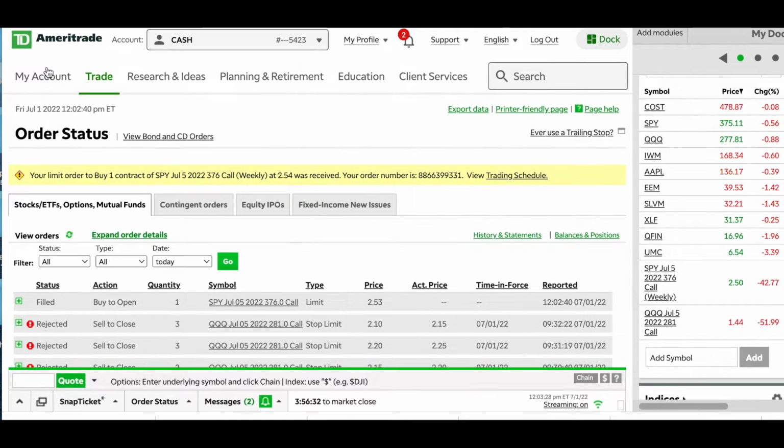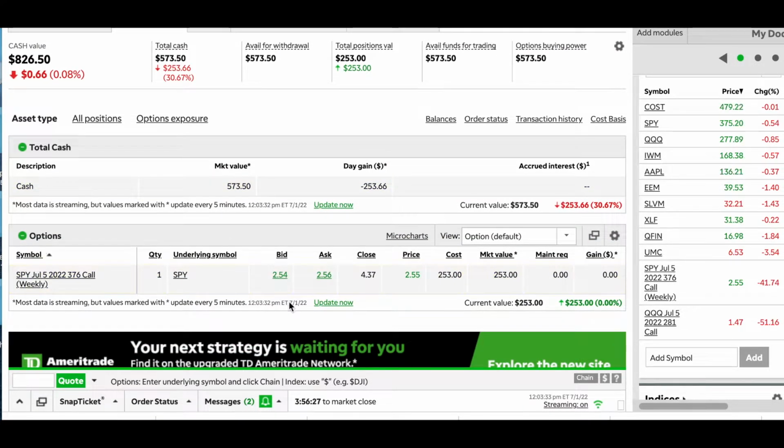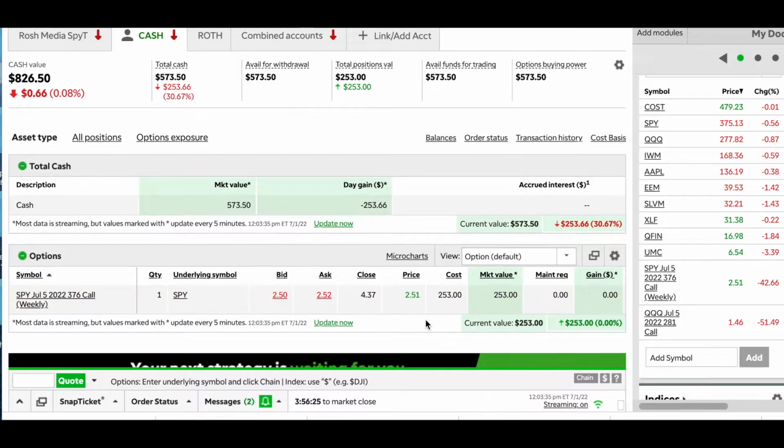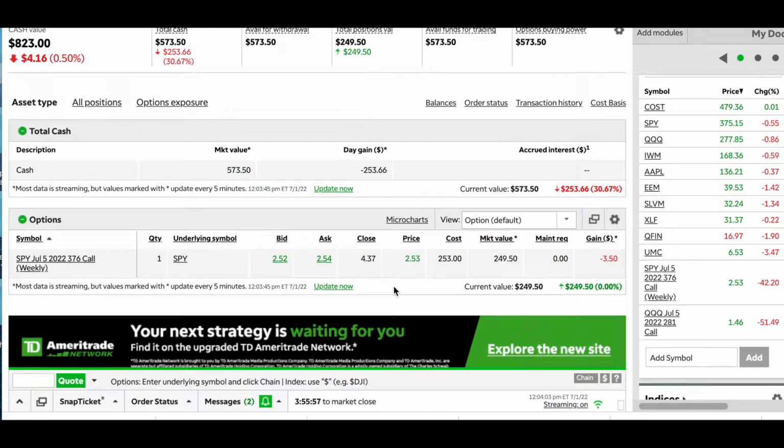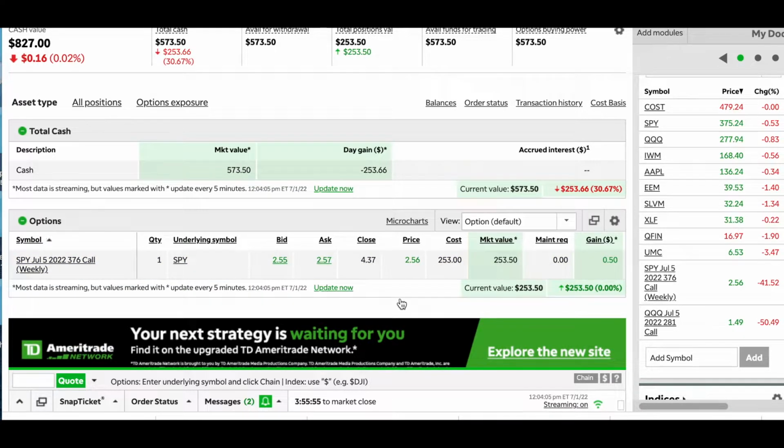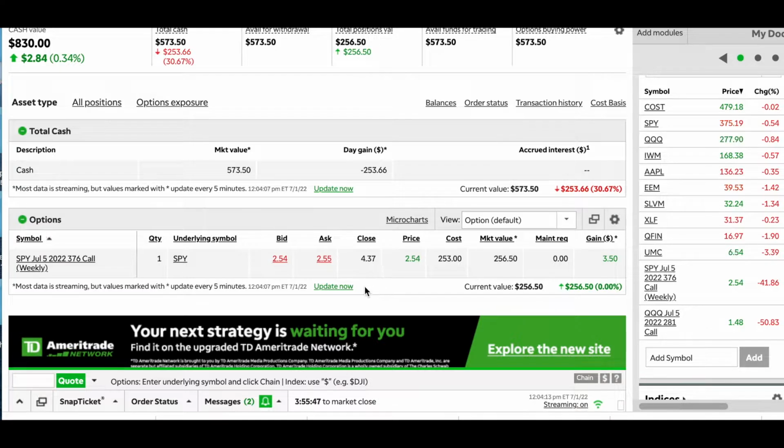So now if we go to our positions, we can see there it is. And currently we've lost $6. The fact is the money moves quickly with options because you are in control of 100 shares of that stock. So we'll just let this run for a few minutes and see what happens.